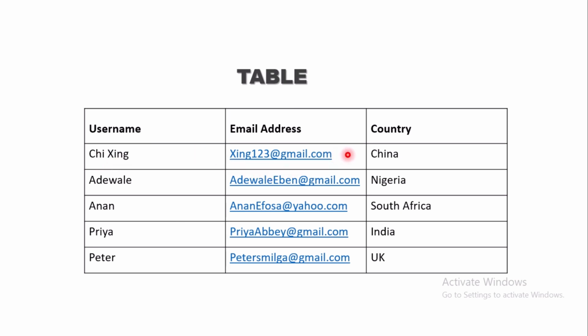Email address xing123@gmail.com, and it's from China. We have Adewale, eben@gmail.com, from Nigeria. We have Anan@yahoo.com, from South Africa. We have priya@gmail.com, from India. And then petersmail@gmail.com, and Peter is from the United Kingdom. So this is the table.